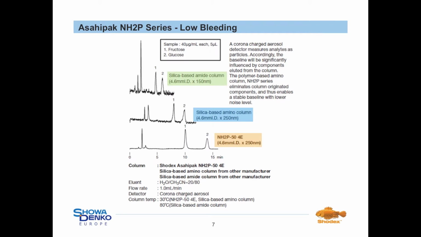Fructose/glucose samples were injected in each case and detected by a charged aerosol detector. As our polymer-based column is more resistant against bleeding, high signal-to-noise ratios and a stable baseline can be obtained. In contrast, the used silica-based columns generate significantly higher noise as well as drifts in the baseline.